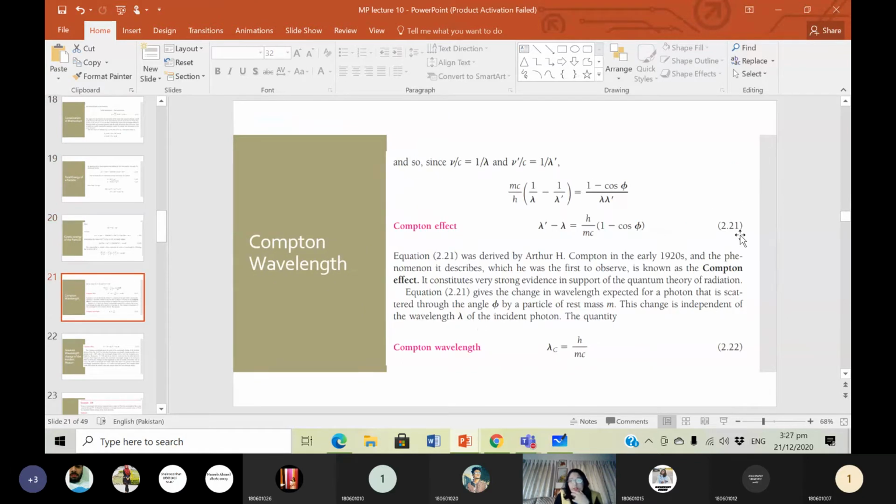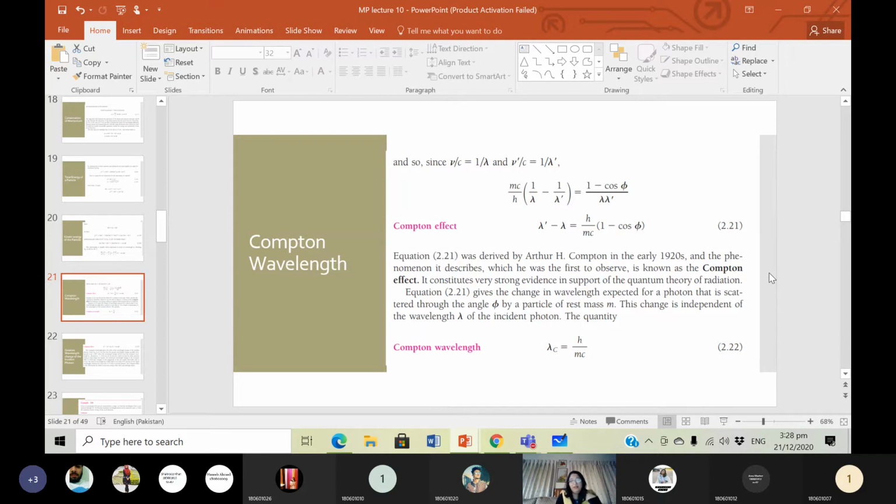This equation 2.21 was derived by Arthur H. Compton in the 1920s. He was the first to describe and observe this effect, which is known as the Compton effect. This Compton effect is strong evidence for the quantum theory of radiation, which says that the energy of electromagnetic waves is quantized, in the form of h nu.